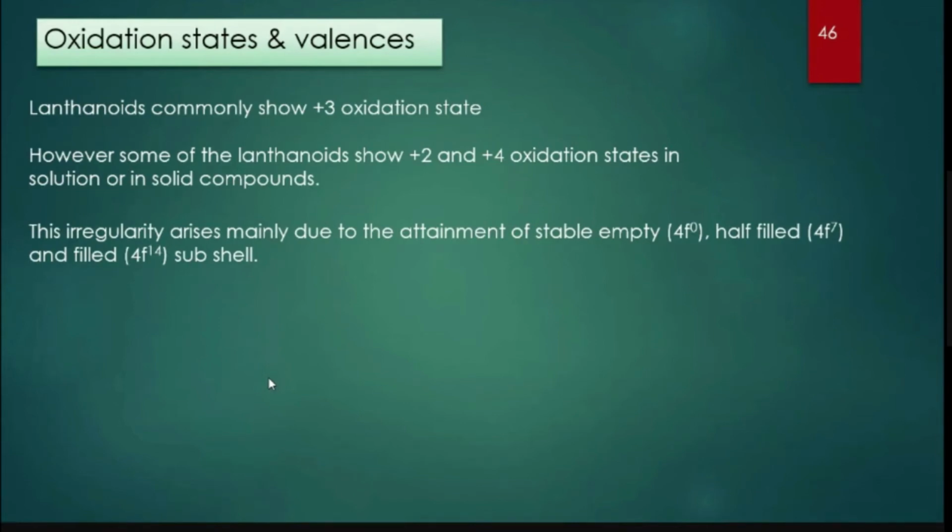This irregularity arises mainly due to the attainment of a stable empty 4f orbital, a half-filled 4f orbital, or a completely filled 4f subshell. When these elements have +2 and +4 oxidation states, they have either a half-filled 4f orbital, an empty 4f orbital, or a completely filled 4f orbital electronic configuration.